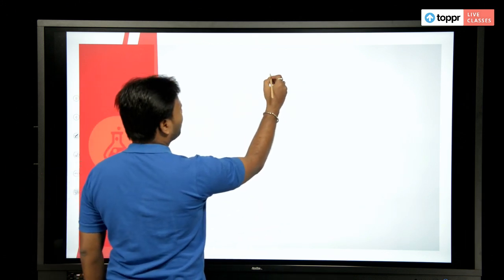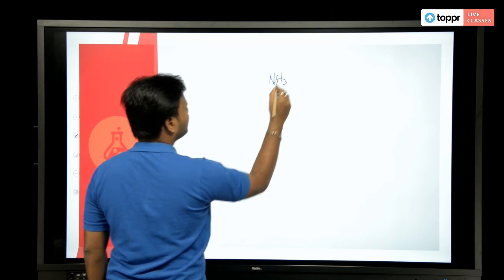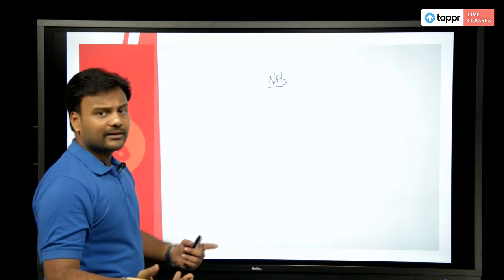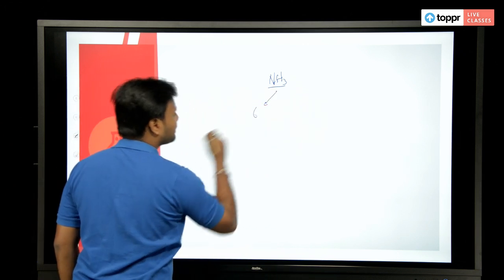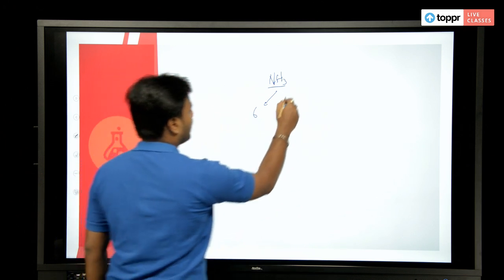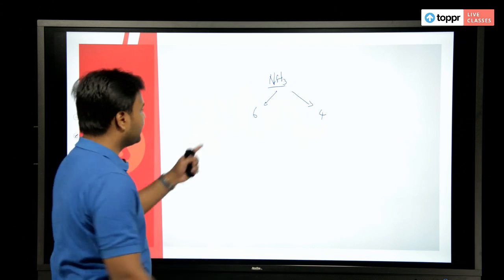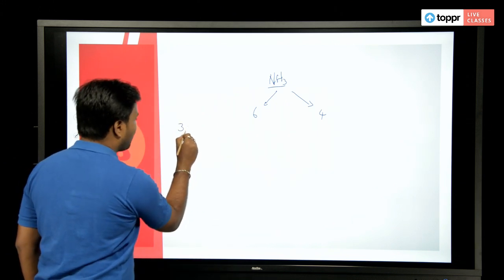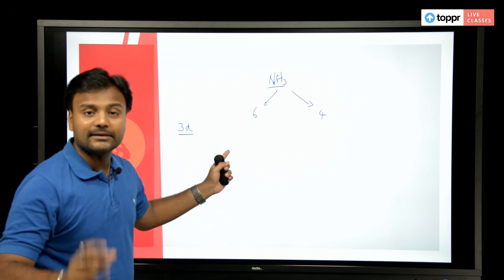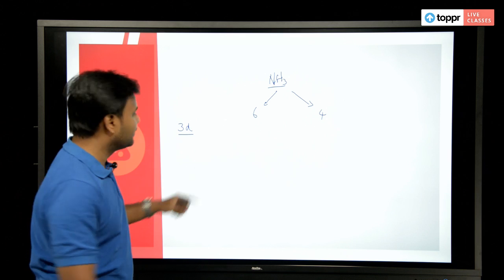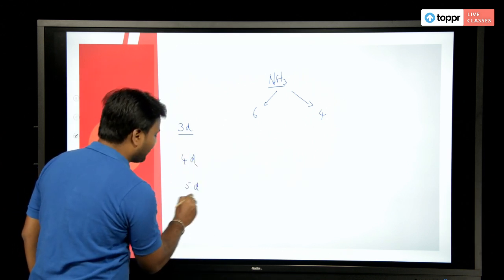I have ammonia, right? Here this is ammonia. Now whether it is strong or weak, if it has a coordination number 6 or a coordination number of 4, then if the central metal atom is from the 3d series, or the central metal atom can be from the 4d series, or from the 5d series.